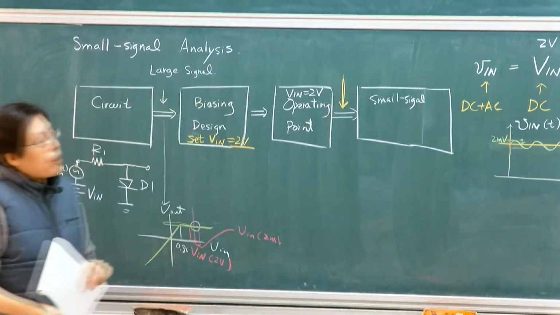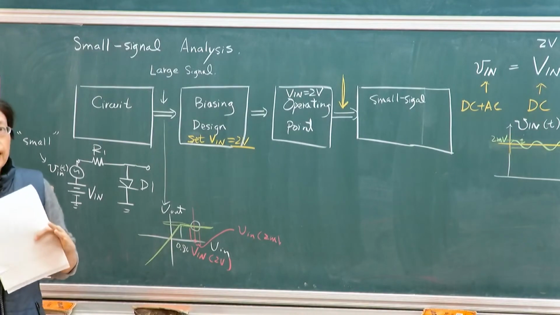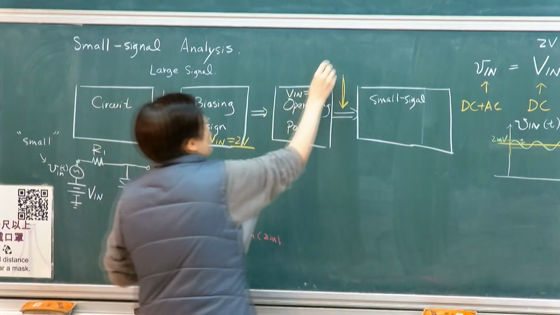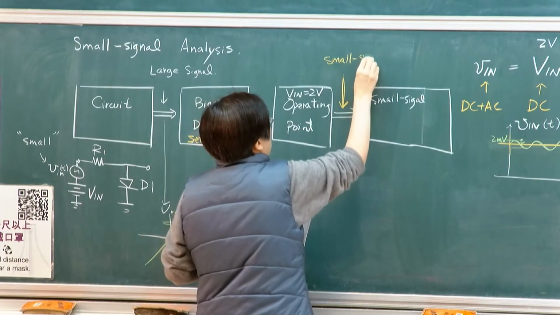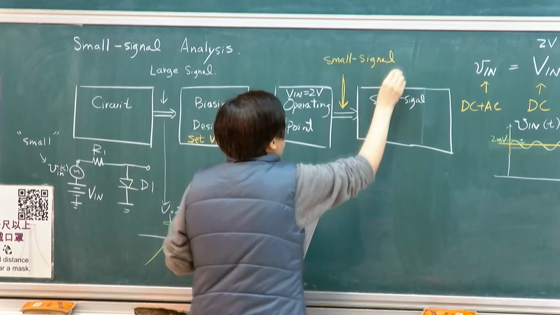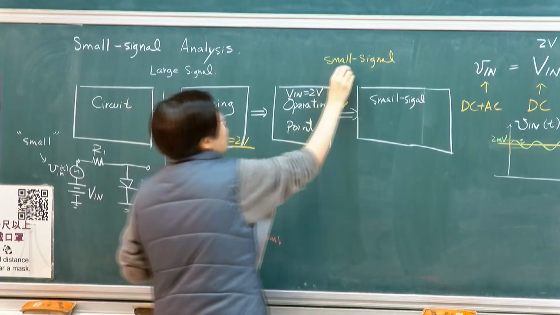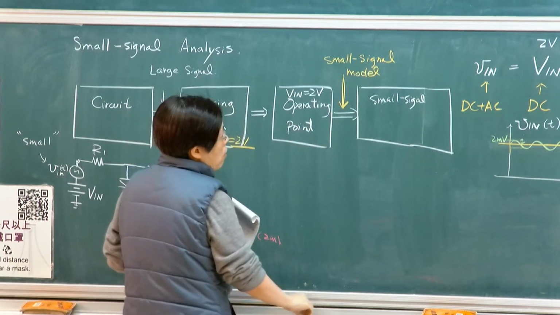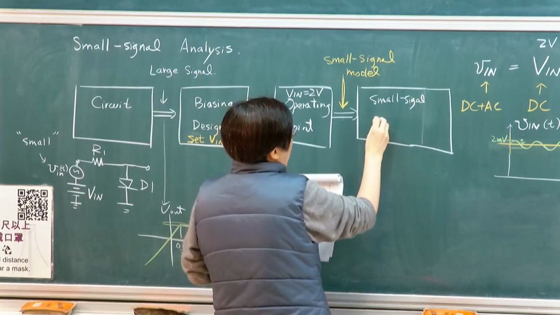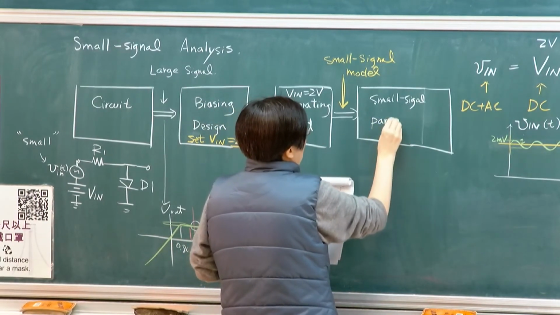We're going to establish, for each nonlinear element, its small signal model. So I have a diode, and I will then create something called a small signal model. And through this small signal model, once I know where I stand, I could use it to extract what we call the small signal parameters.